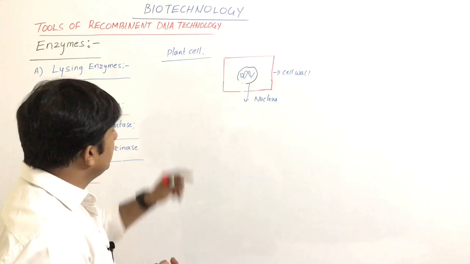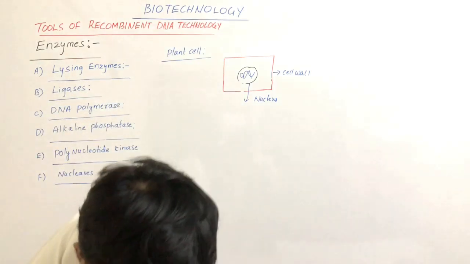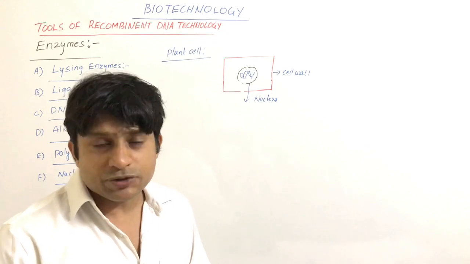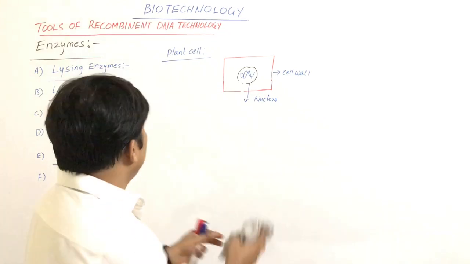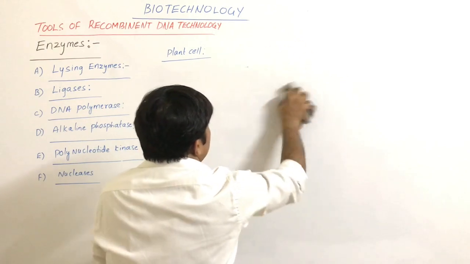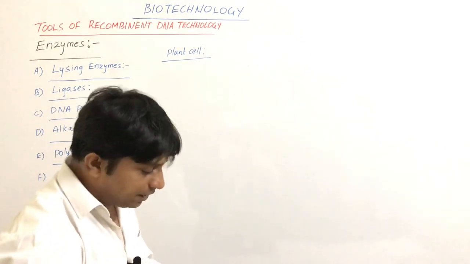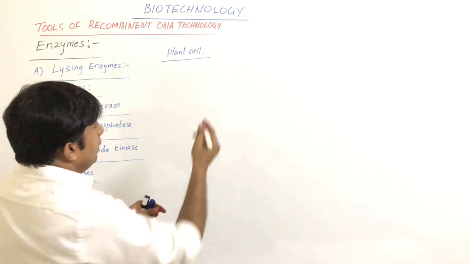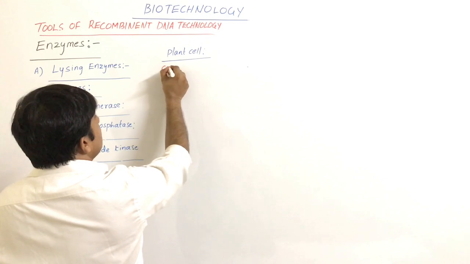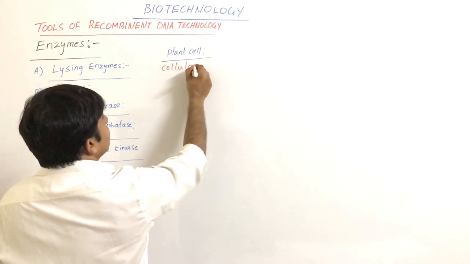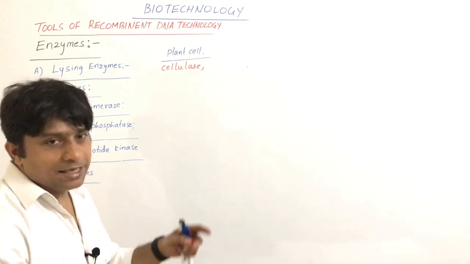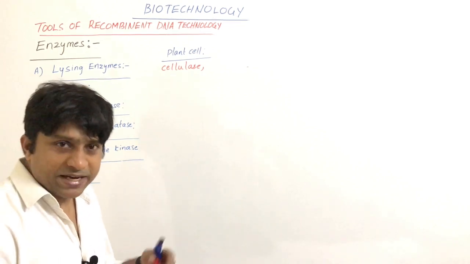So to extract our DNA, suppose you are extracting from the plant cell, what enzymes are required? The lysing enzymes that are used for reaching the DNA in plant cells include cellulase. Cell walls are made with cellulose, or in some plant cells, pectin walls.